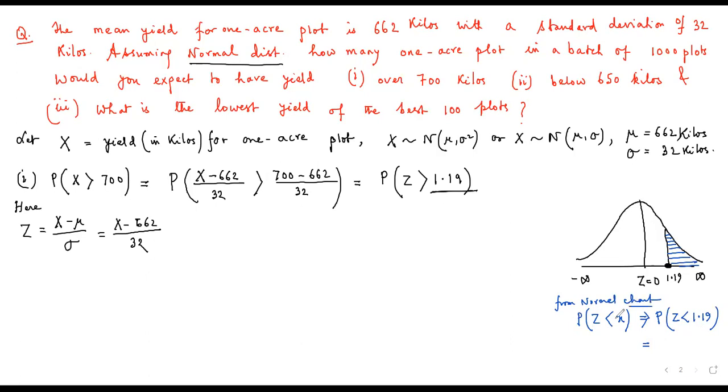So I'm not resharing it. Let me see the value from the normal chart. Okay, I'm not able to find it. Let me stop the share. Okay, it is there.